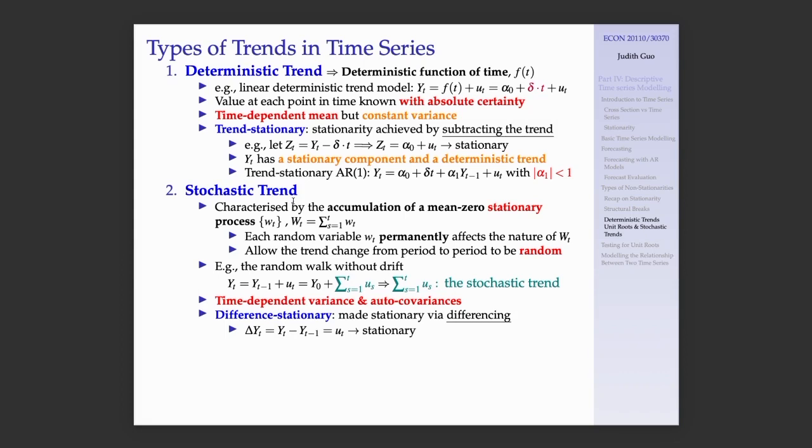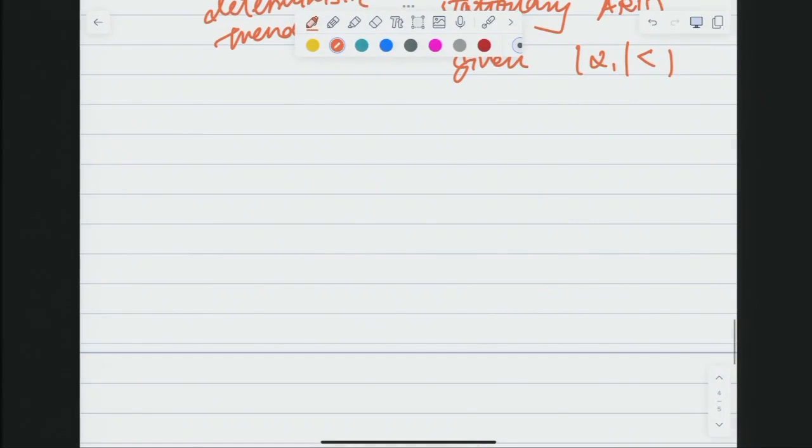So the idea here is, if you look at the random walk without drift, which is yt equals yt minus 1 plus ut, obviously the alpha 1 is equal to 1 here. Then by differencing, essentially the first difference is the difference between yt and yt minus 1.